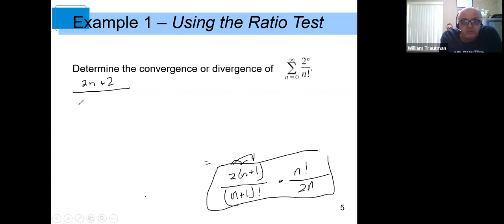Then n plus 1 factorial is n plus 1 times n times n minus 1 times n minus 2, and so on and so on. Another way of writing this would be n plus 1 times n factorial.